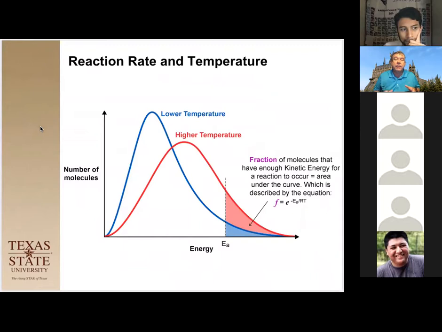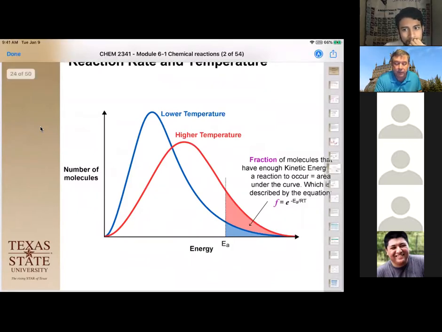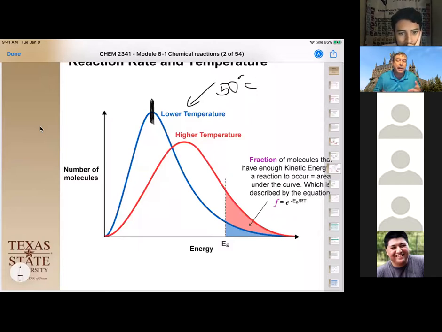So if we think about the statistical probability of a molecule having enough energy, or the shared energy that's in that reaction system. So let's say our top line here is at 50 degrees C, okay? And we have 1,000 molecules in there, okay? So if we're dividing up all the heat available to those 1,000 molecules, the average energy of any one of those molecules is going to be some energy.